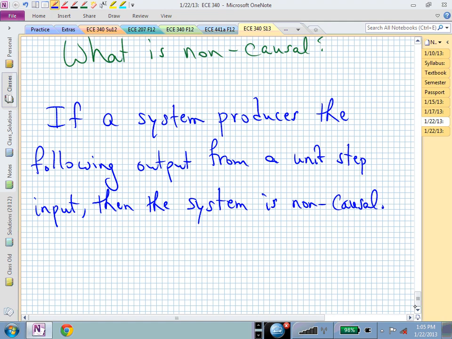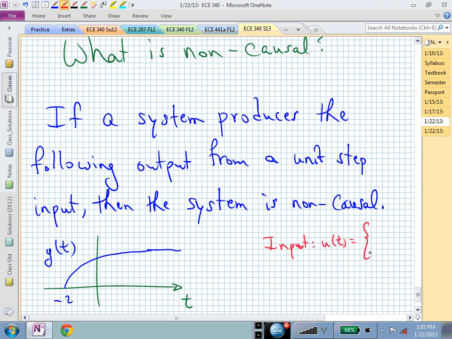Here's the output that I am saying this particular system produces. I've now tapped this system at time t equals 0, but what I see is this, where the input was this unit step, u of t, which is 1 for t greater than or equal to 0 and 0 for t less than 0.